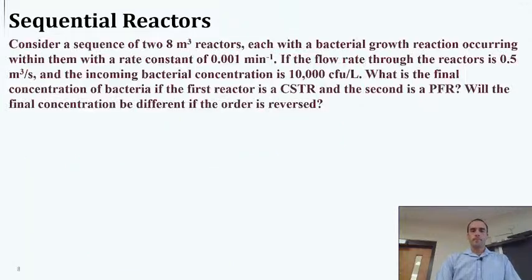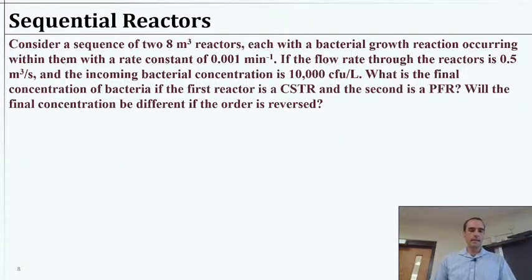Okay, so let's take a minute and I'm just going to work this one with you, just to get a feel for what this would look like. So if we consider a sequence of two 8 cubic meter reactors, each with bacterial growth reactions occurring within them with a rate constant of 0.001 per minute.